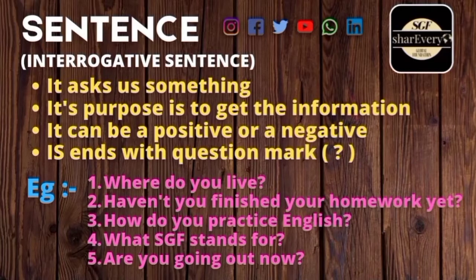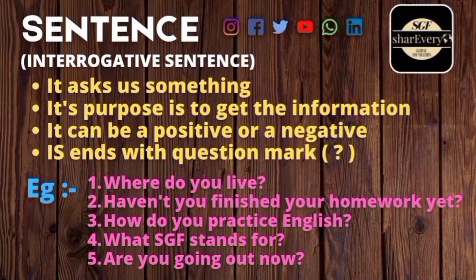Where are you from? Whenever the other person receives these kinds of questions from me, I may get the appropriate information from that person. And like a declarative sentence, it can be negative or positive, and an interrogative sentence ends with a question mark. These are the four fundamental rules we should follow while framing interrogative sentences.